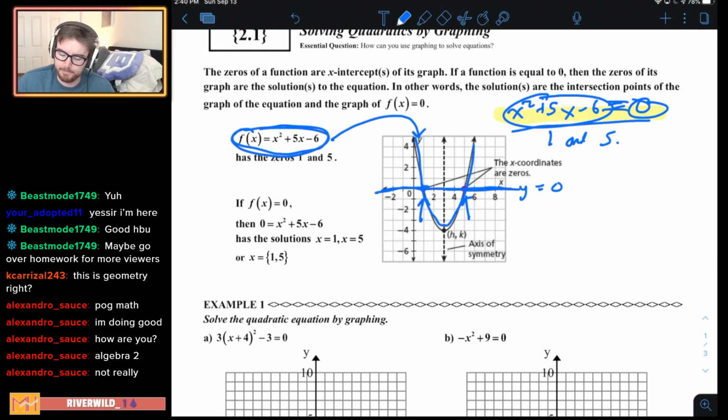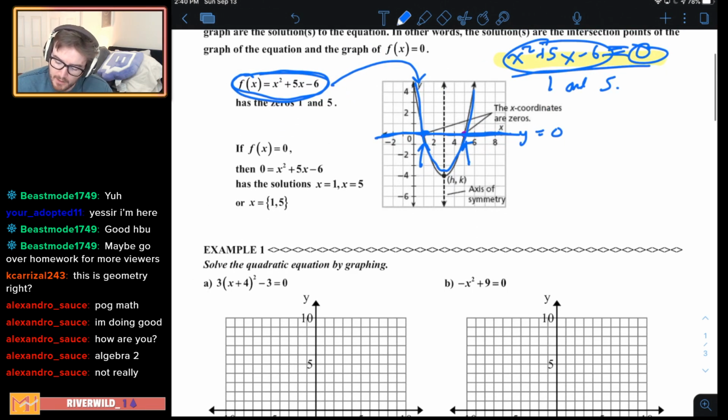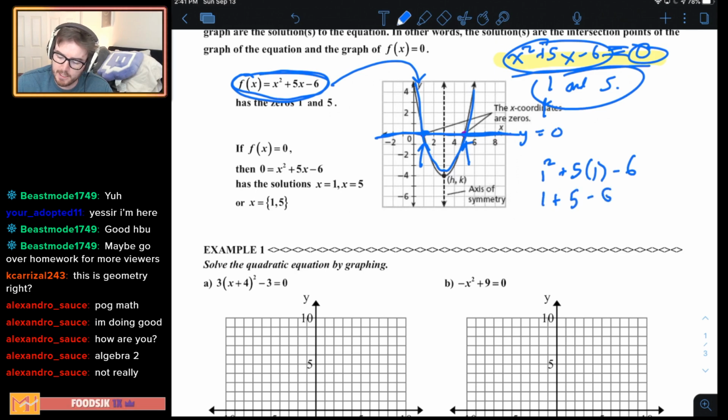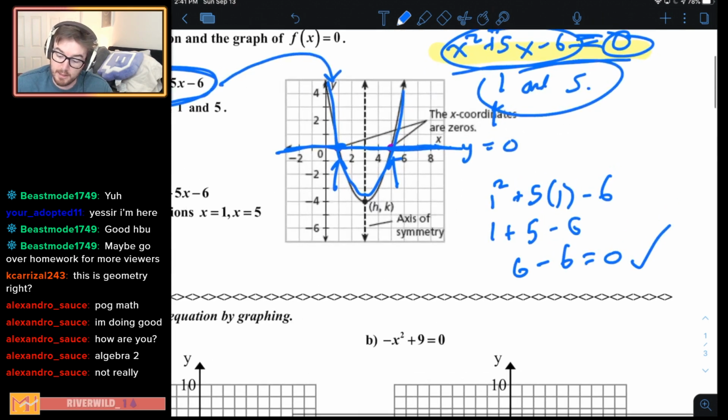Because watch, if I plug in 1, let's say, 1 squared plus 5 times 1 minus 6. That's 1 plus 5 minus 6. 1 plus 5 is 6. 6 minus 6 equals 0. 1 is a solution to this equation.